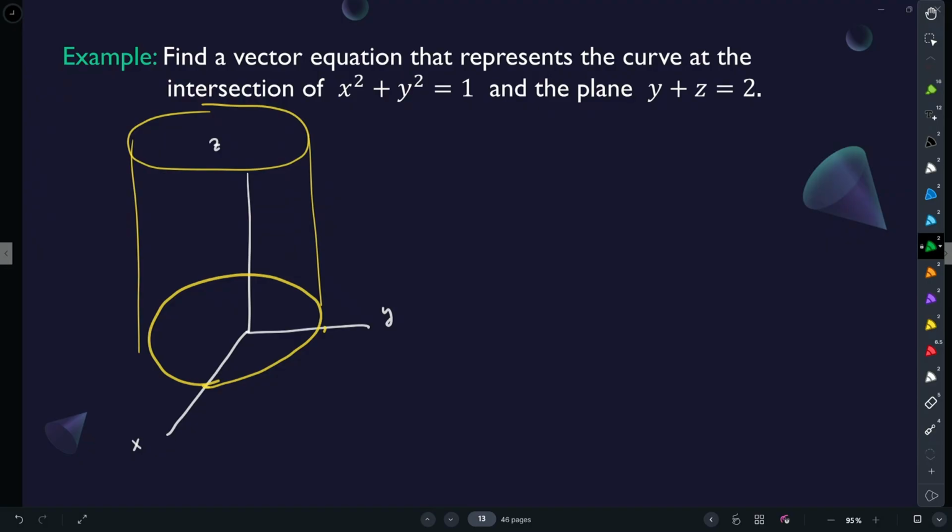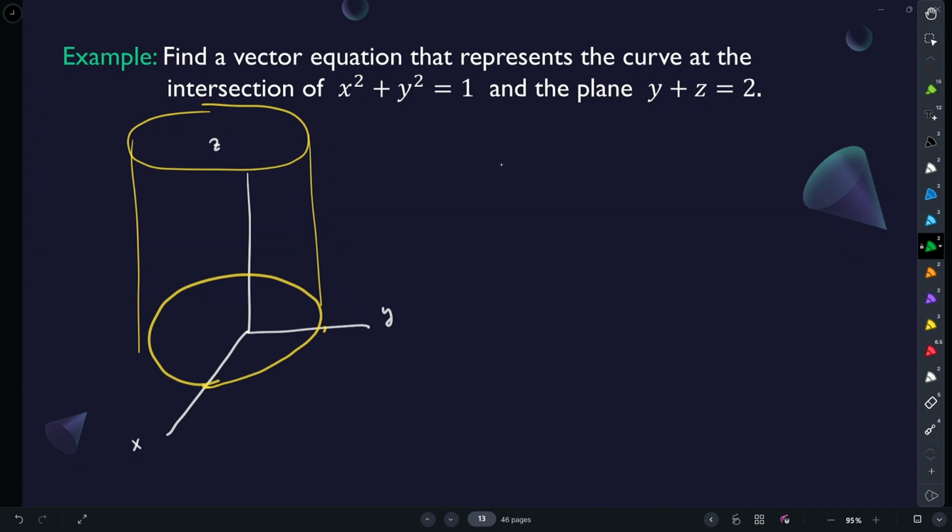And then what is y plus z equals 2? It is a plane. How can I draw y plus z equals 2? What are some good tricks to sketch it? y equals 2 minus z, or z equals 2 minus y. That would give me the cross section in the yz plane. That's good.